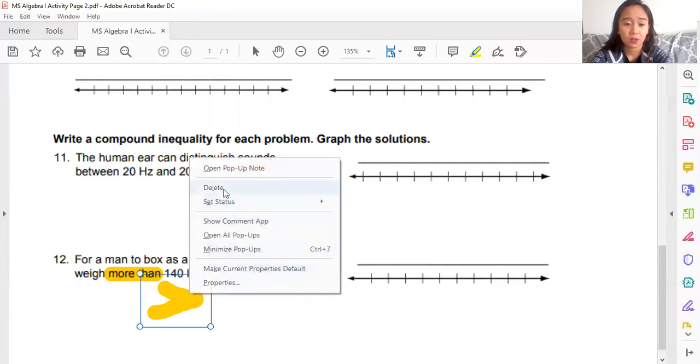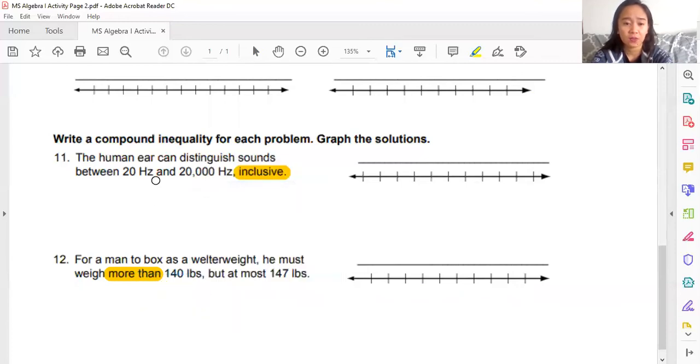So let me delete this one. So the symbol for this one, let's go back to number 11. So it says inclusive, so between, so you can write X over there. But for number 12, it says more than, it says inclusive anyway, over here. Okay.